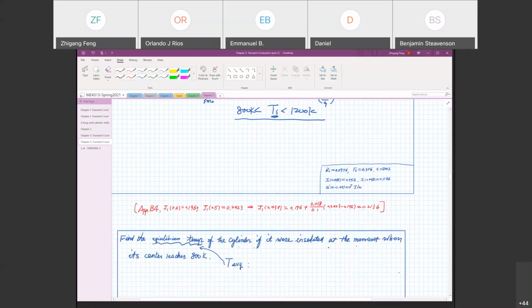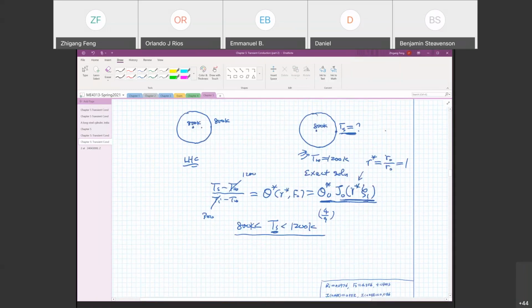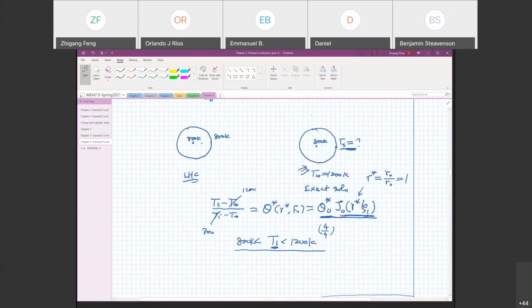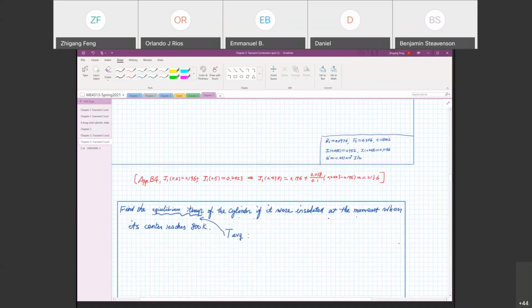One of the follow-up questions is, what is the mean temperature? We know at t equal to 900 seconds, the temperature at center is 800 Kelvin. The surface temperature can be solved using this equation. But what is the mean temperature, T average, when the center reaches 800 Kelvin?